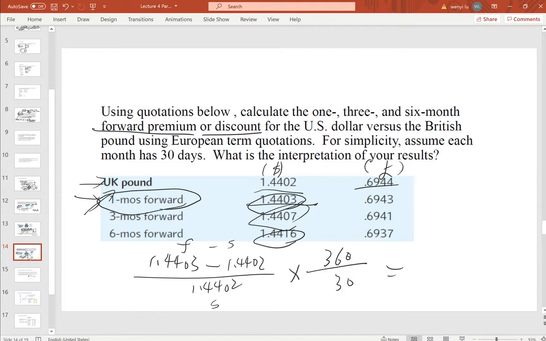So this number times the 12 will be the premium. And you can see the numbers will be getting bigger and bigger. Means in the future, the pound will be more expensive. If you want to use the dollar to buy the pound, it will be more expensive.